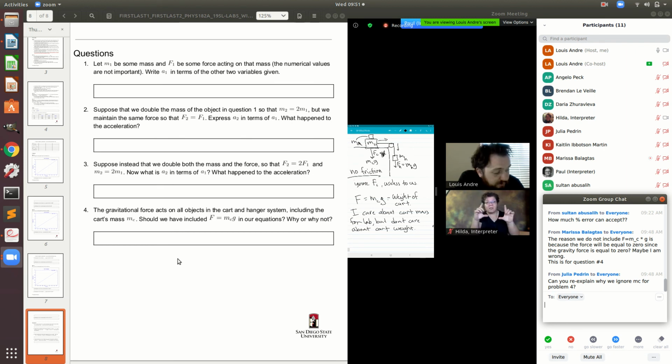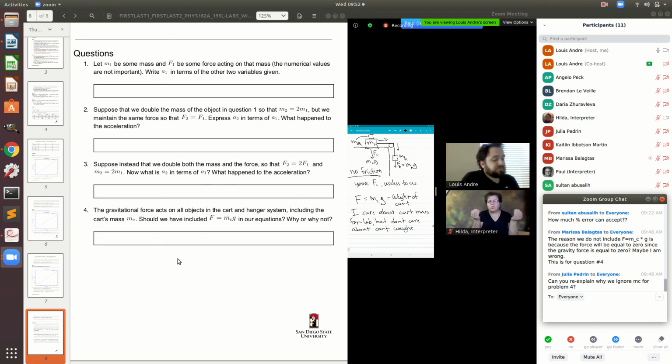I don't care about that because it's not really pointing in the direction that would accelerate or decelerate the system. Right? It's just pointing against the table. So it's presenting a normal force between the cart and the table, just sitting on the table. Now the thing is, normally we would use that normal force to calculate the friction, and the friction does point along the direction of travel. Okay. The normal force does not. But here I'm assuming there's no friction.